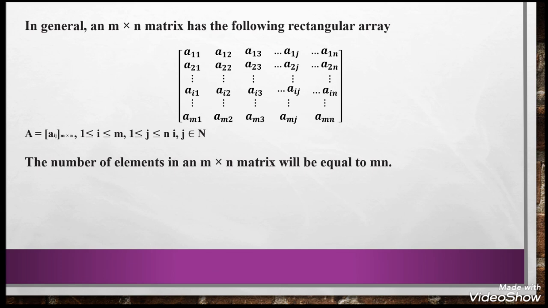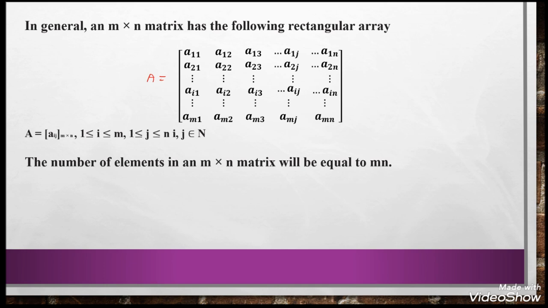In general, consider a matrix A which is an m cross n matrix, with the following rectangular array. Usually m means the number of rows and n means the number of columns, so the given matrix contains m rows and n columns.